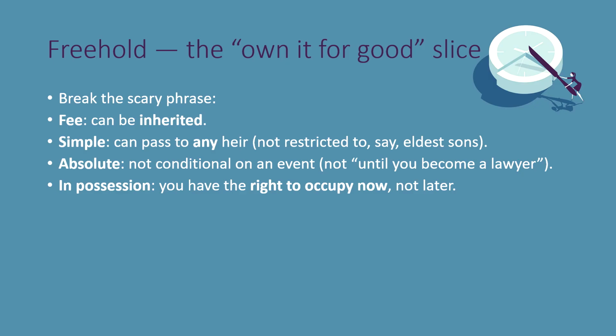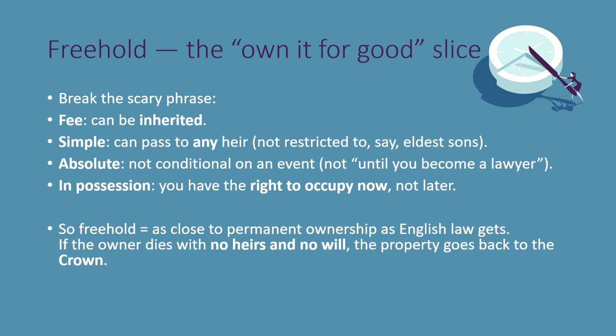And then in possession just simply means that you have the right to occupy the property right now, not at later times, so you can basically just move in immediately. And just to emphasize again, freehold is as close to permanent ownership as you can possibly get.